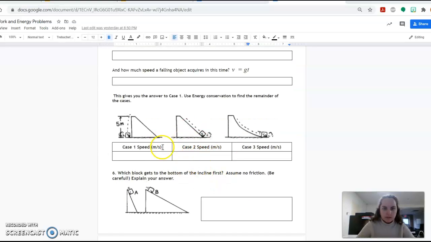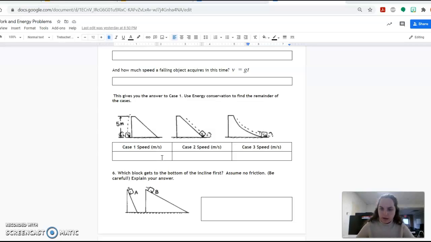So this is when it gets a little bit harder to understand. And the reason is that, well, you're like, Miss Brennan, these are all at different angles and they're different shapes. How can I even begin to solve what kind of speed I'm looking at?